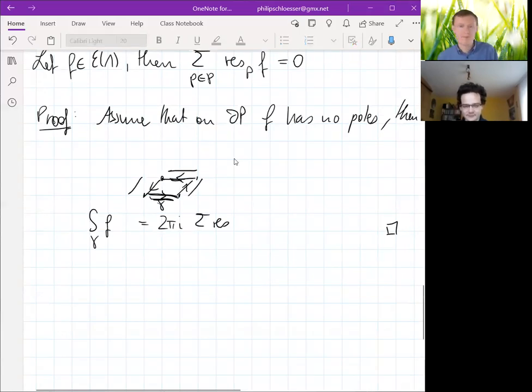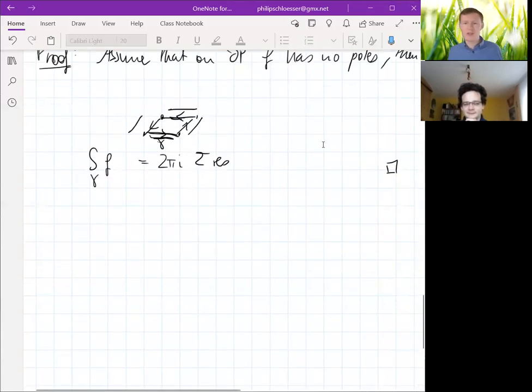Okay, so this means if f has just one single pole, one simple pole, then its residue at that pole would be non-zero. So then the sum of the residues can't be 0. So we need to have at least 2 simple poles or 1 double pole.